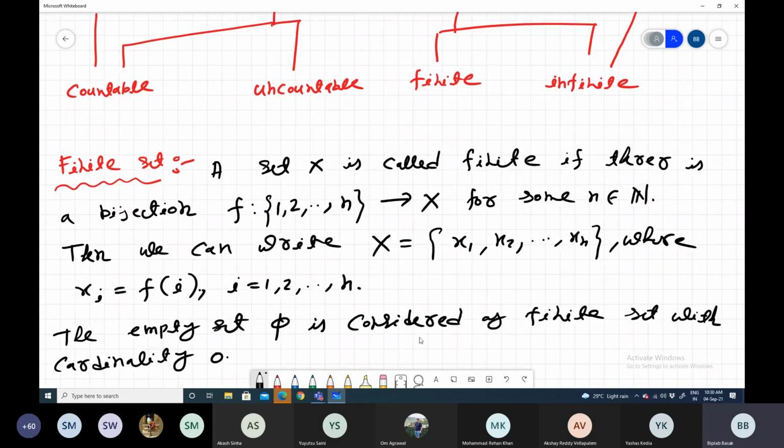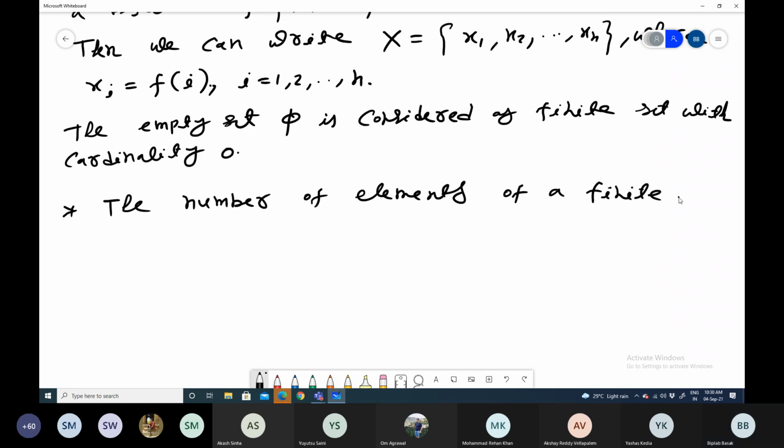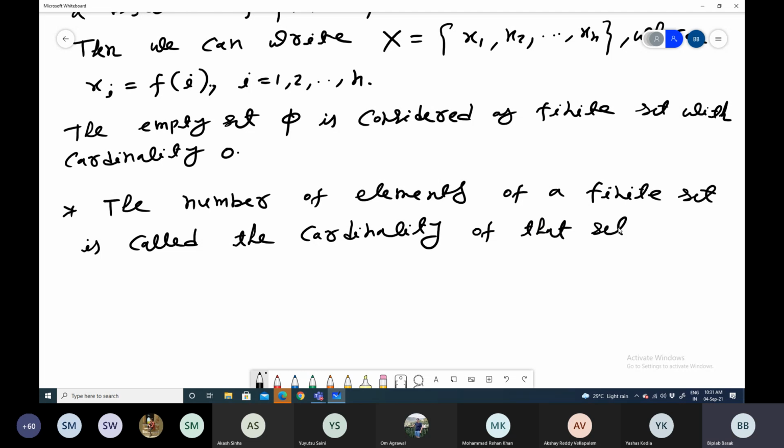Now you can ask, what is the cardinality of a finite set? The number of elements of a finite set is called the cardinality of that set.